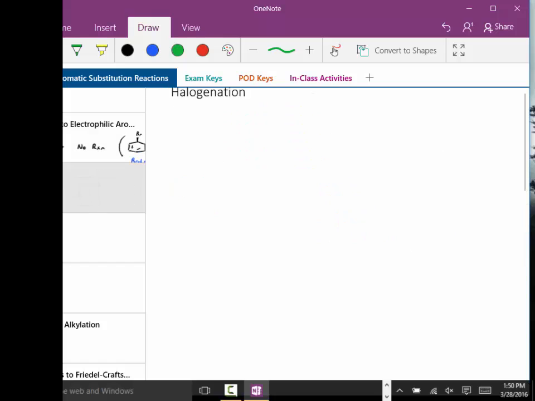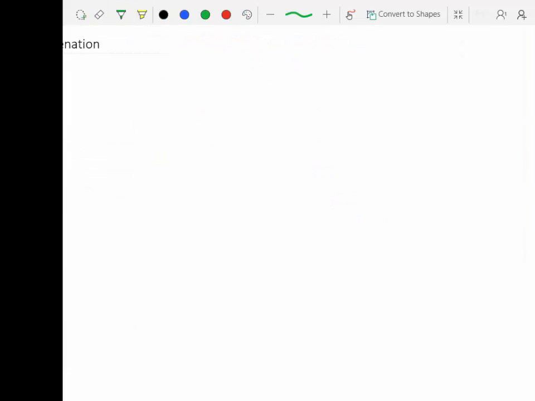All right. The first and most important reaction is halogenation. Typically with halogenation, we see it done with bromine or chlorine. You occasionally see it done with iodine, but you don't really see it done with fluorine that often.